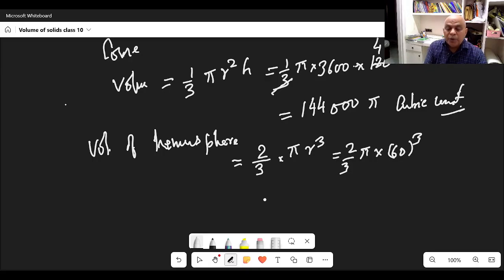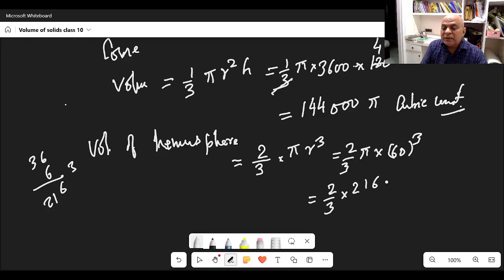Now 60 cubed means 216 with triple zero. 2/3 into 216, it will cancel: 216 divided by 3 is 72, and 72 times 2 is 144.